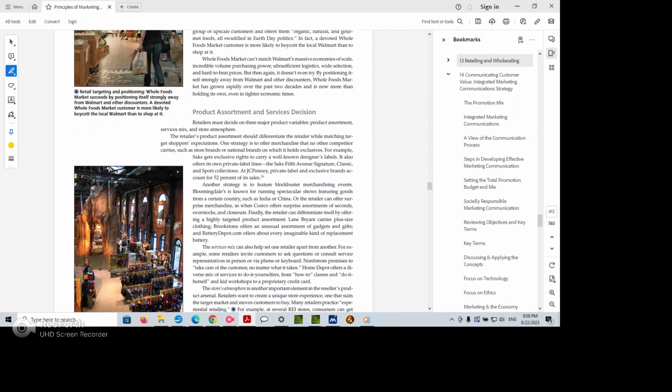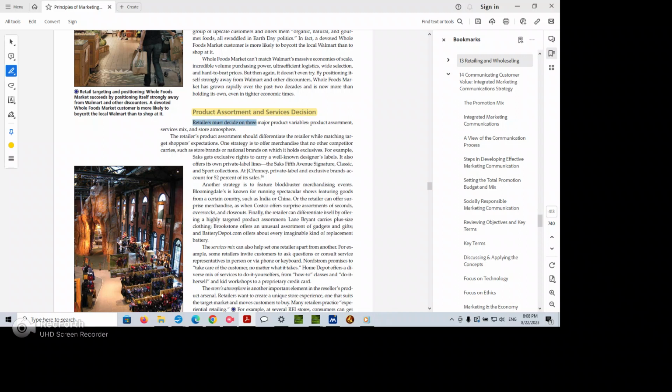Now, let's talk about product assortment and services decision. When we talk about product assortment, remember this is the different types of products that we have, and the services decision. What services are we going to provide as a result of what we need to support the product sales?